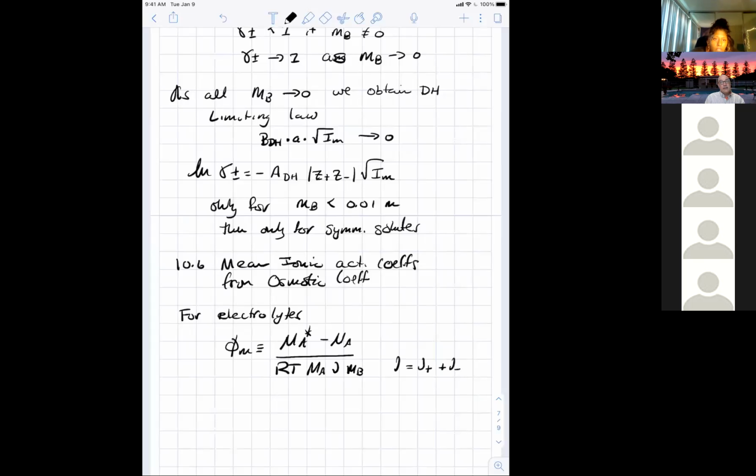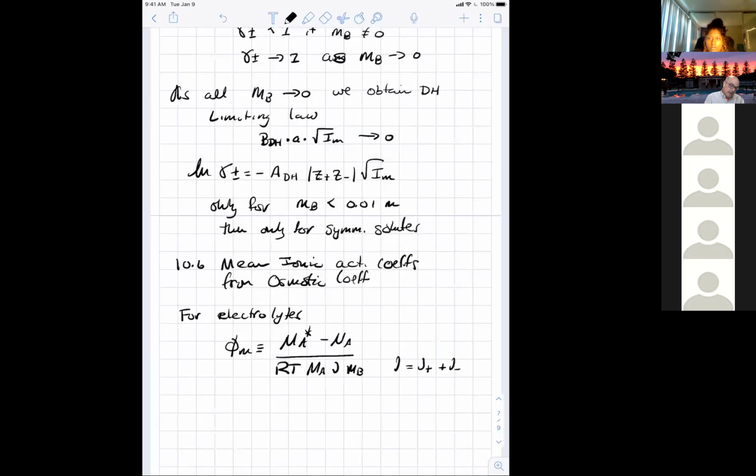Remember I said this osmotic coefficient is really a measure of the physical effect of the number of particles. It's really a way to physically measure how the vapor pressure of something changes as you put a solute in it. And this will become even more physical and satisfying when we talk about colligative properties after Wednesday.